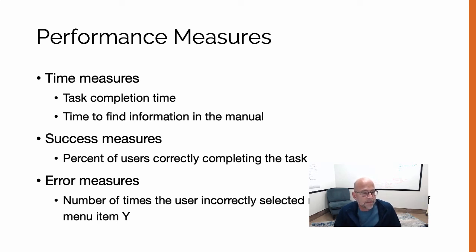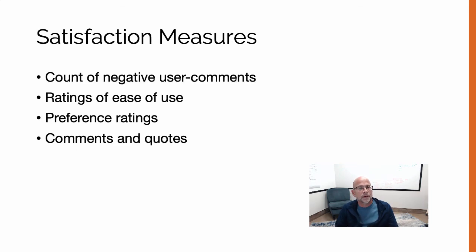If it takes you forever to find the information, you'll probably stop looking for it. There are success measures, the percent of people who actually complete the task correctly in a reasonable amount of time. Or error measures, for example, the number of times the user incorrectly selects menu item X instead of menu item Y. These are performance measures that are quantitative in nature and usually pretty helpful.